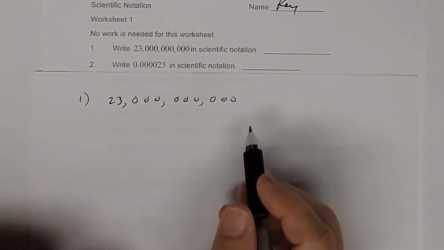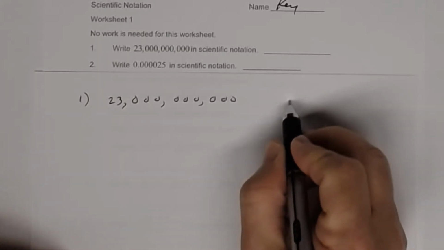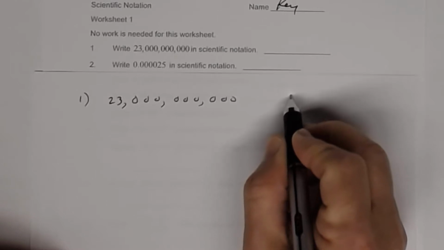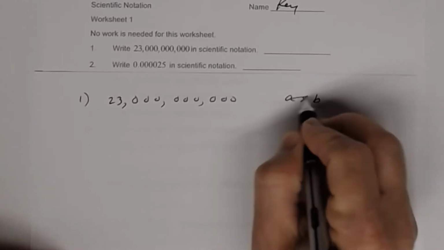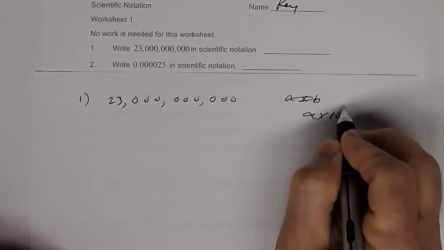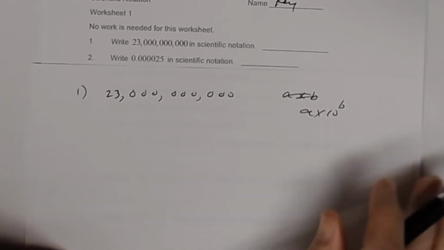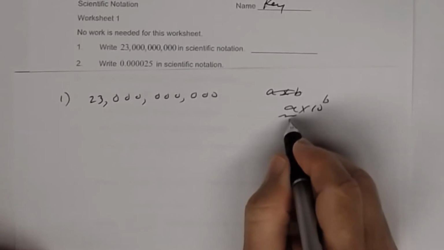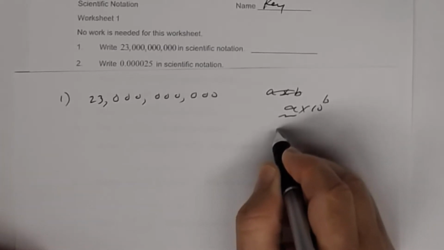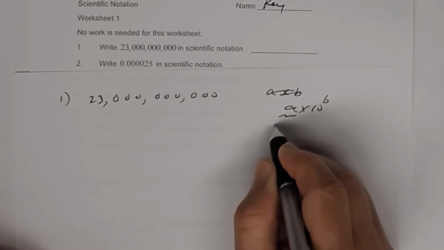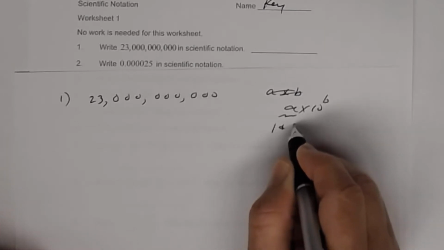Remember, a number in scientific notation is written like this: a times 10 to some power b. This a, the coefficient, must be a number between 1 and 10.